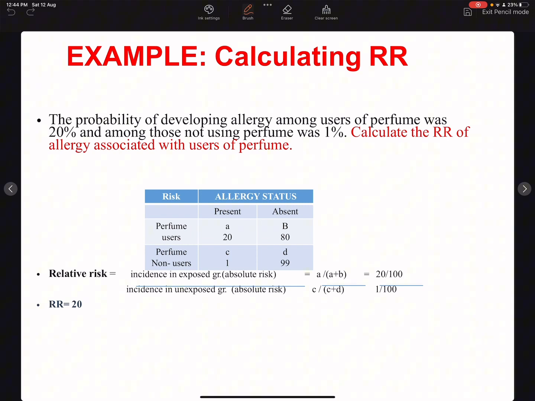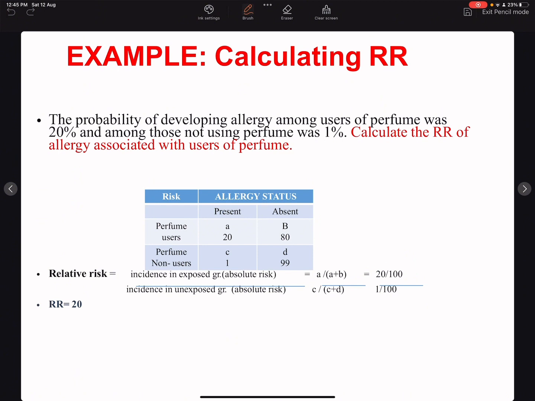In order to calculate the relative risk, we are going to check this example. The probability of developing allergy among users of perfume was 20%, and among those who are not using the perfume is 1%. We need here in this case to calculate the relative risk of allergy associated with users of perfume.